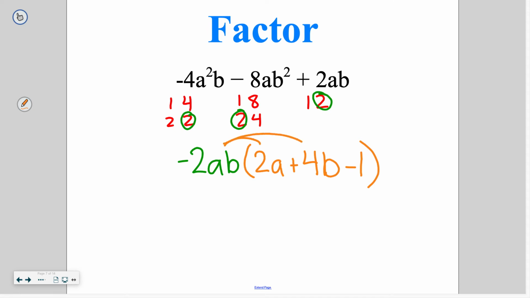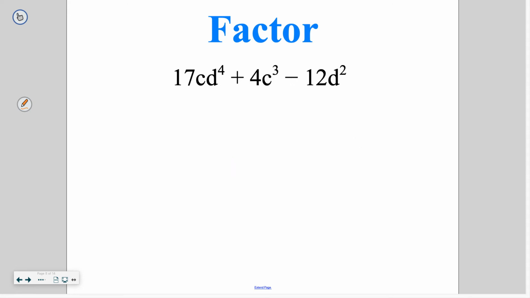Instead of drawing that rainbow to factor it into a polynomial, we're trying to pull the thing to the outside. So one quick way, if you want to quickly mentally double check your work, you can use the distributive property to check, and you should end up back at that original term.